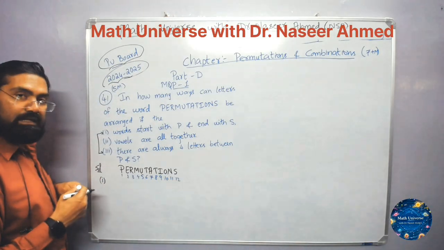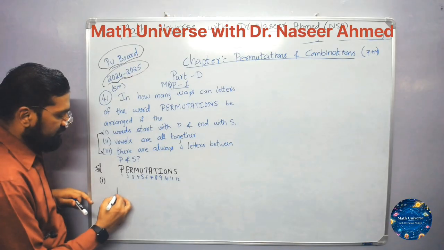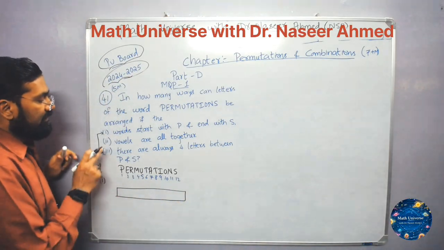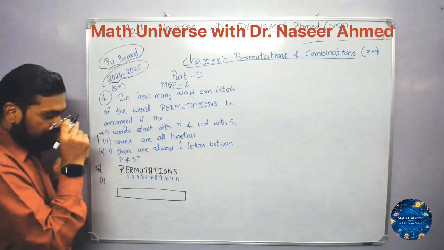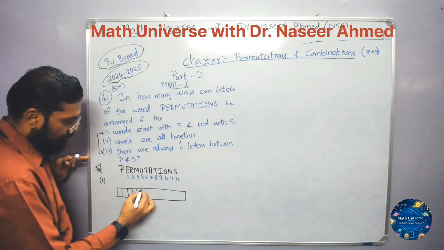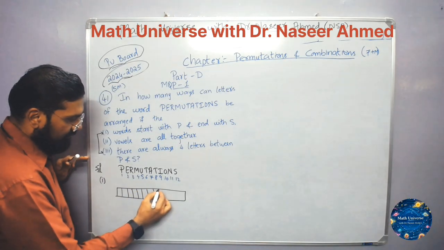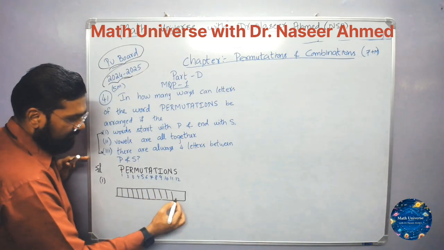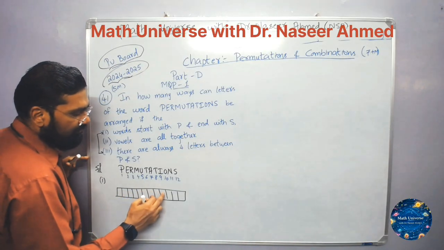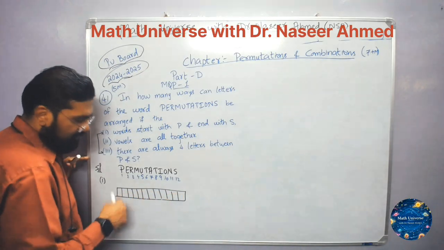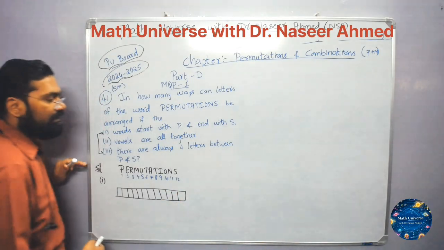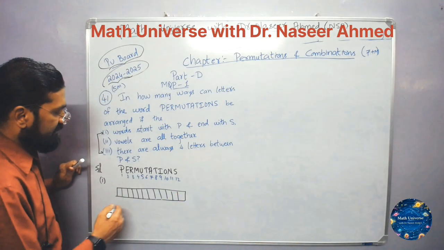Since 12 letters are there, I want 12 boxes. Listen carefully, because for the third sub-problem, the first problem is the base. Check it: 1, 2, 3, 4, 5, 6, 7, 8, 9, 10, 11, 12.